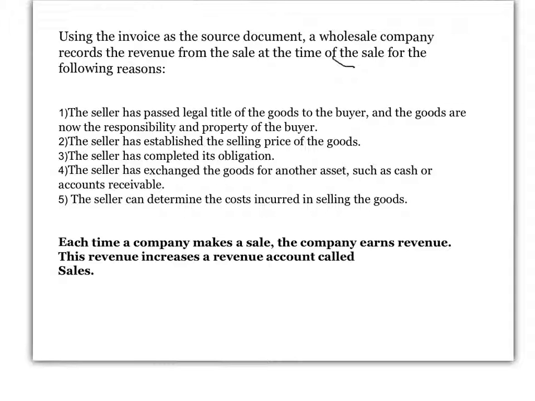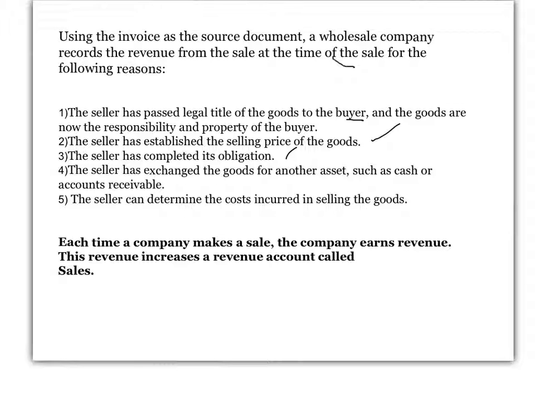Now we use the invoice as a source document to record this transaction. And the invoice states that we have sold and therefore passed legal title of the goods to the buyer, and that the seller has established the selling price, which is on the invoice. The seller has completed its obligation because it has delivered the product to the buyer.